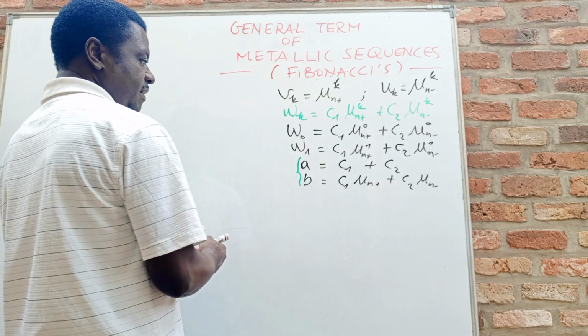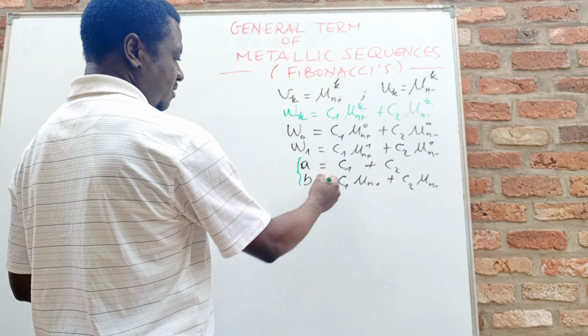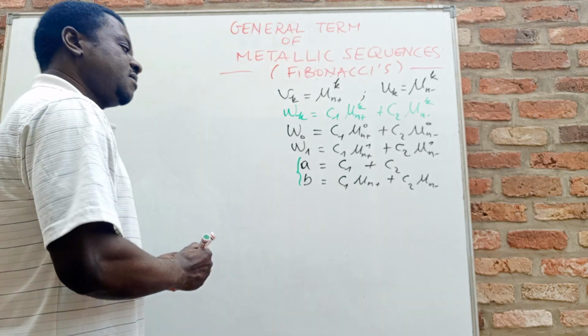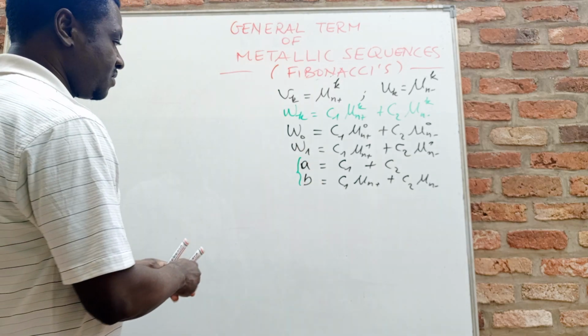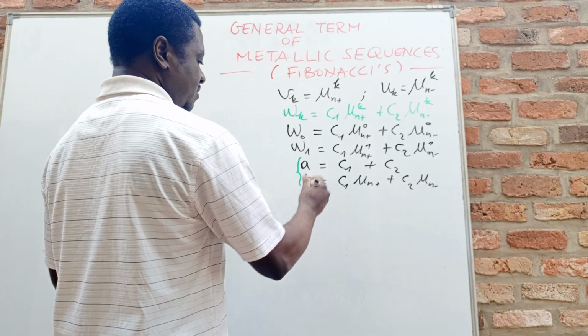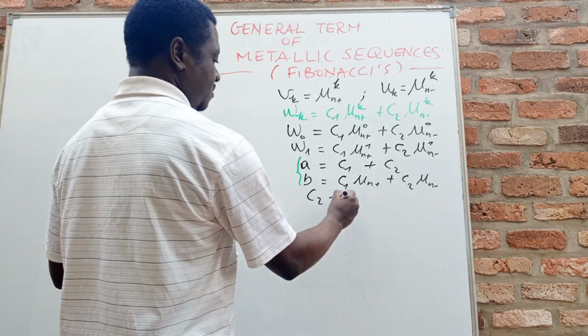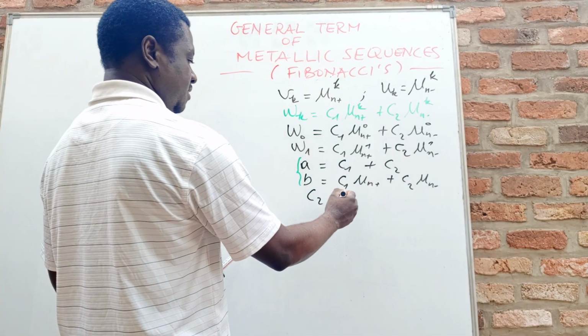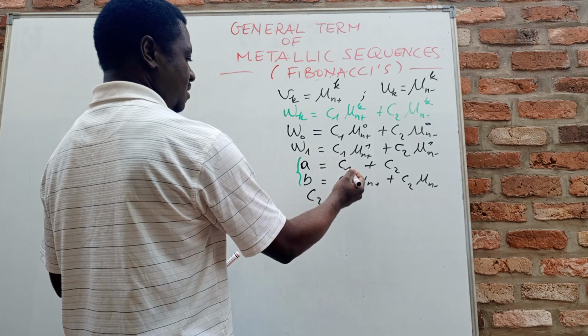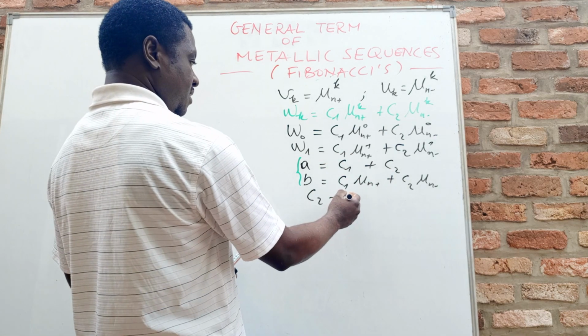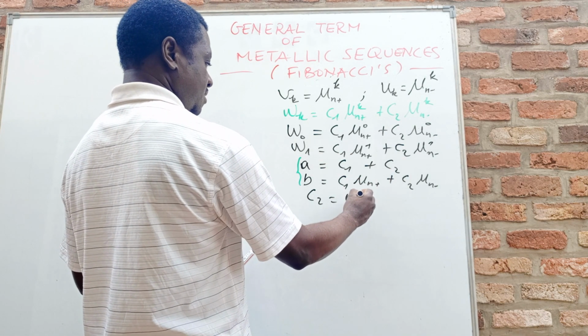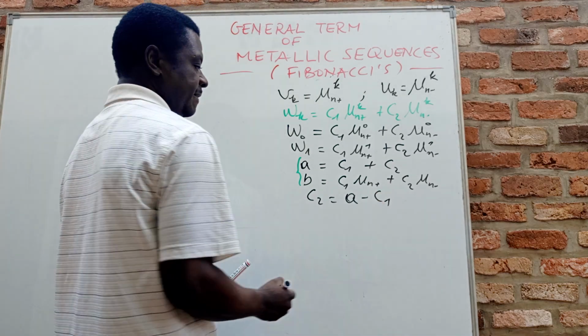So in this case we can use the general method, which is substitution. We can solve for C2 here, eliminating C2 from this system, and it is going to be equal to A minus C1.